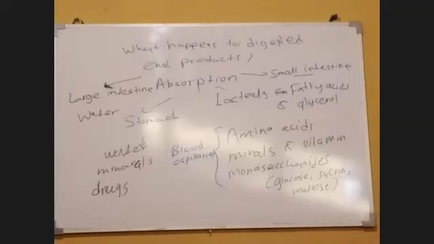Final digested end products. Yes, glucose, correct. Amino acids, yes, fatty acids and glycerol and monosaccharides. Monosaccharides, fatty acids, glycerol and amino acids.